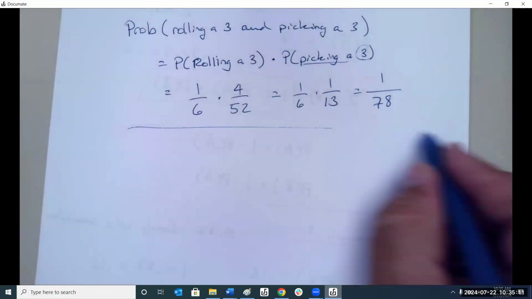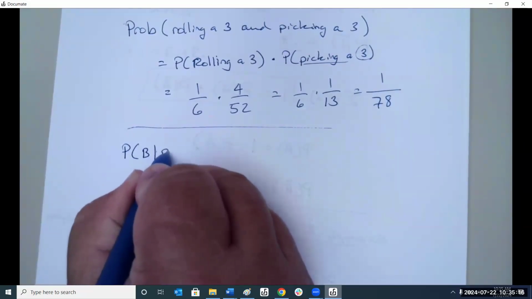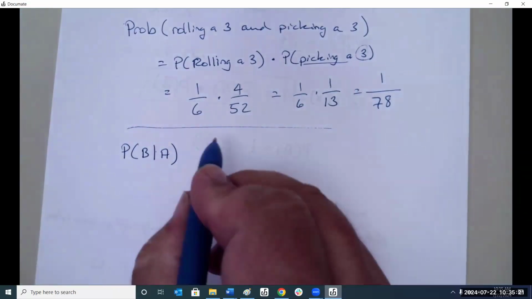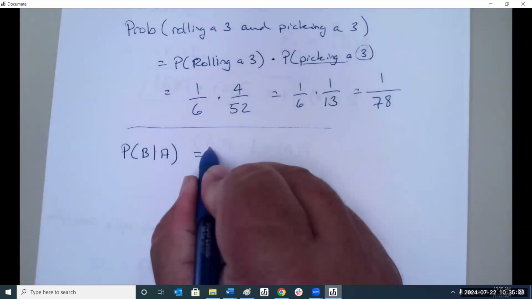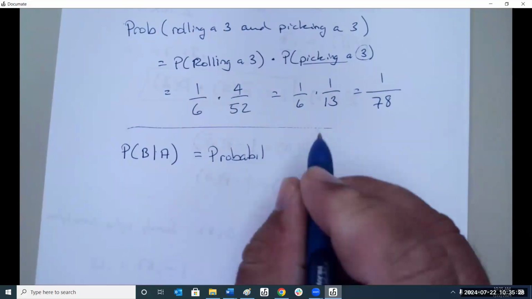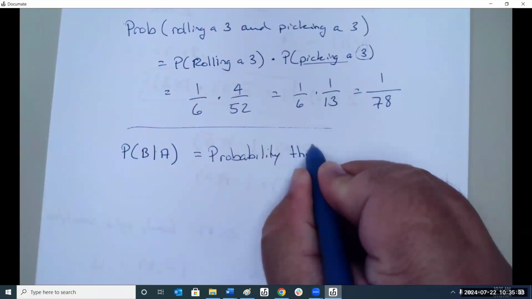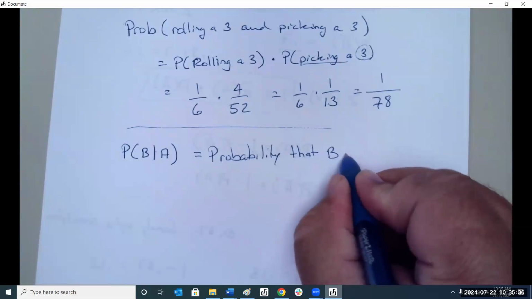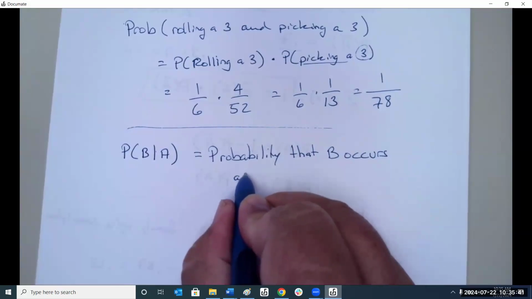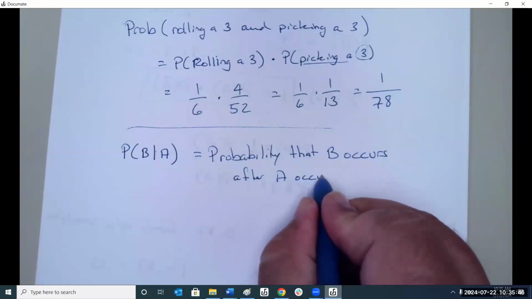Now, let me show you the formula we're looking at, because now we have to introduce this statement here. What this says is the probability that B occurs after, or if A occurs first.